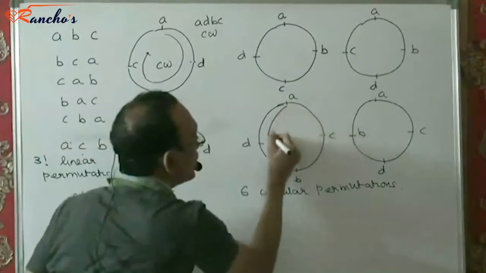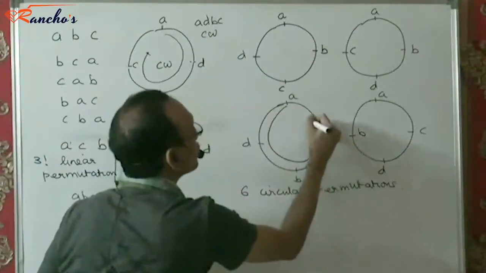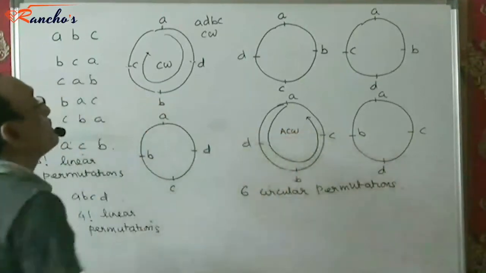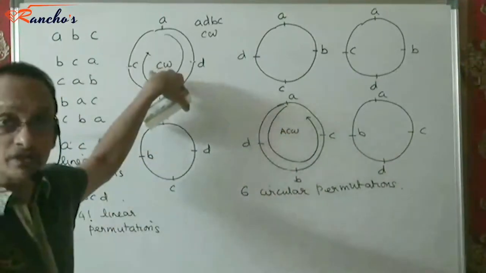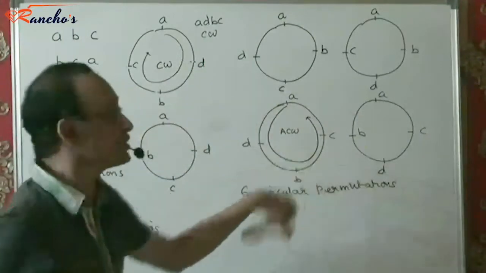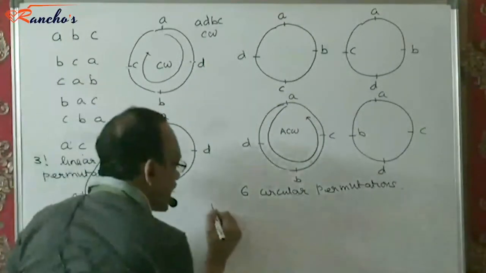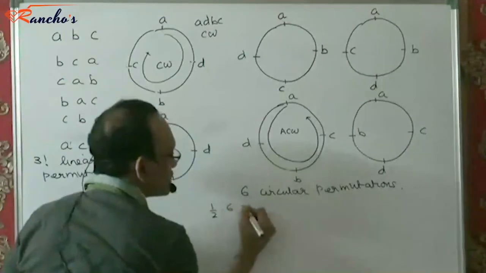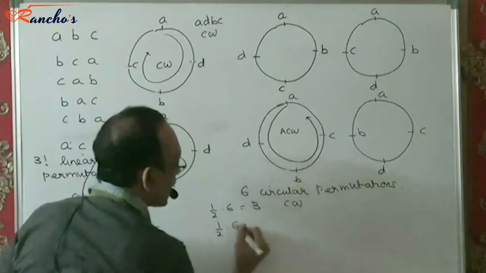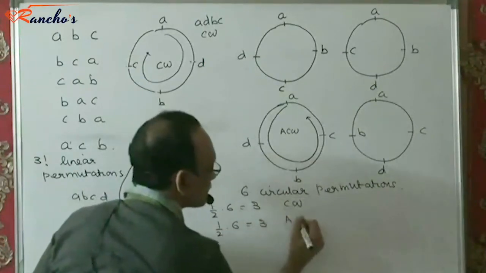Yes, there is. Which means with every arrangement which is clockwise, I find an identical arrangement which is anti-clockwise. That means half of these circular permutations, which is 3, are clockwise, and half of these 6 are anti-clockwise.